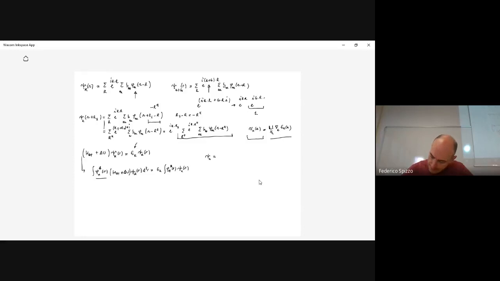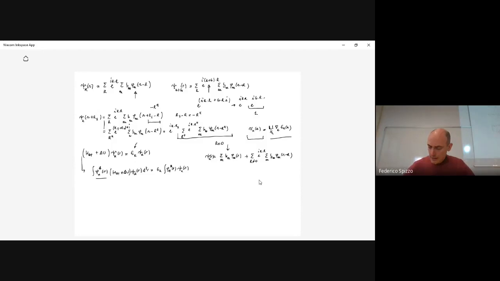One piece is the contribution due to R equals 0, so the central ion, plus the summation over R different from 0. So the idea is to use the trial wave function in this way.